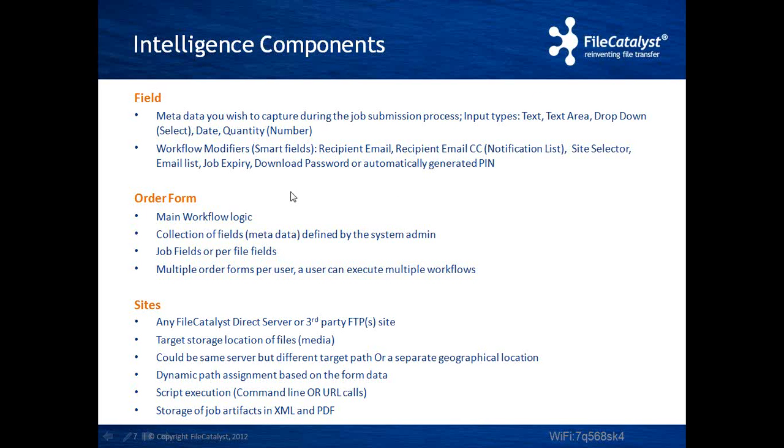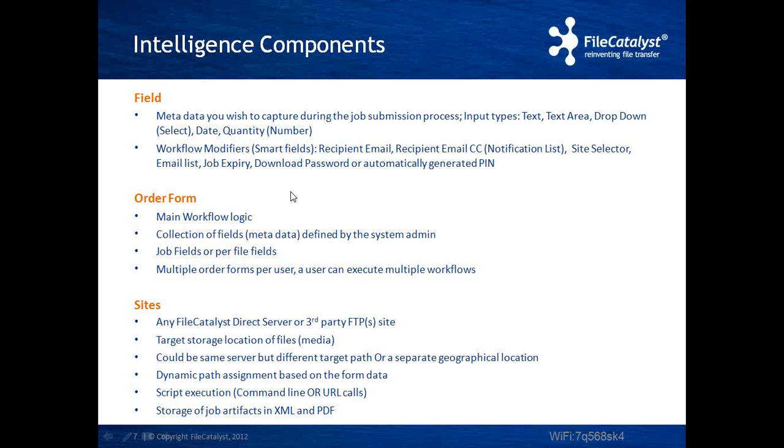And then you have some smart fields, what we call workflow modifiers. If these fields are present, they will modify the workflow of the submission. For example, if you have a recipient email field in your order form, then this will send out download links via email to the recipients.